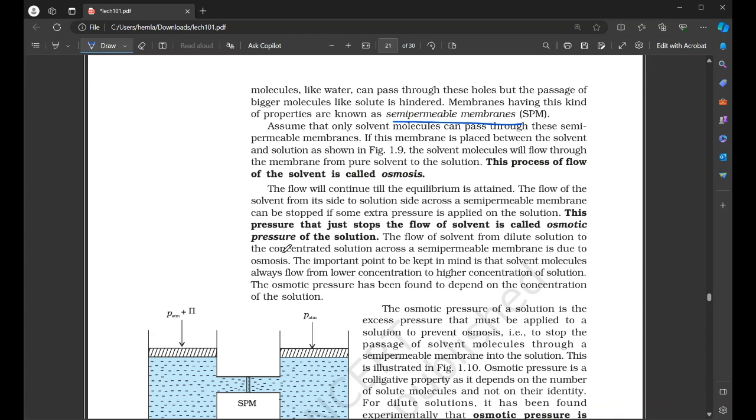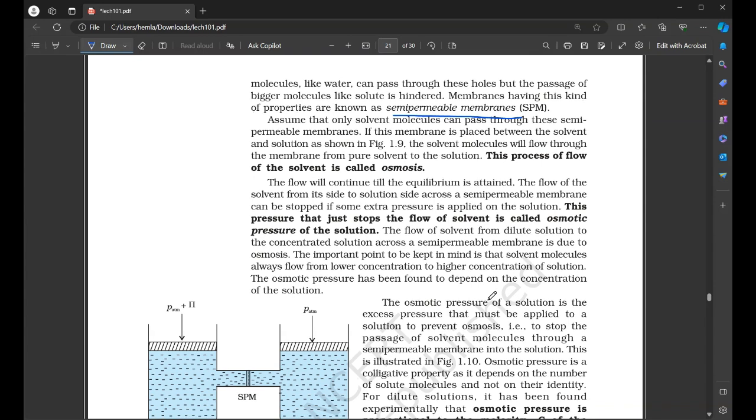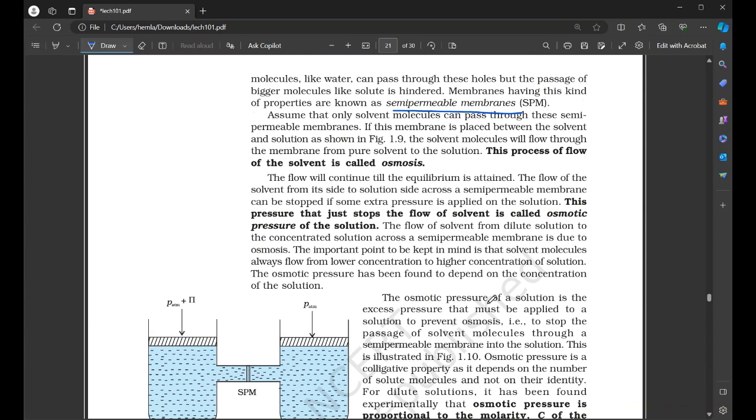The osmotic pressure has been found to depend on concentration of solution. Of course, क्योंकि अगर वो कम कॉन्सेंट्रेटेड होगी तो हमें ज़्यादा प्रेशर लगाना पड़ेगा, अगर ज़्यादा होगी तो कम प्रेशर लगाना पड़ेगा, because प्रेशर कॉन्सेंट्रेशन पे डिपेंड करता है.